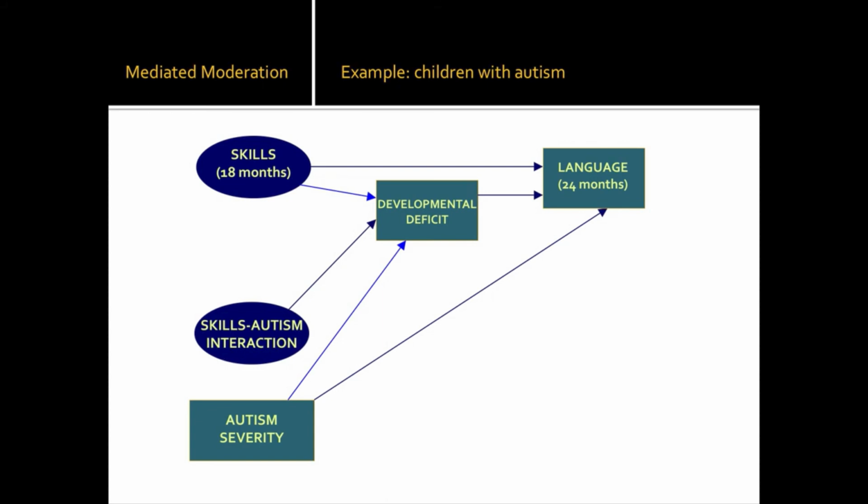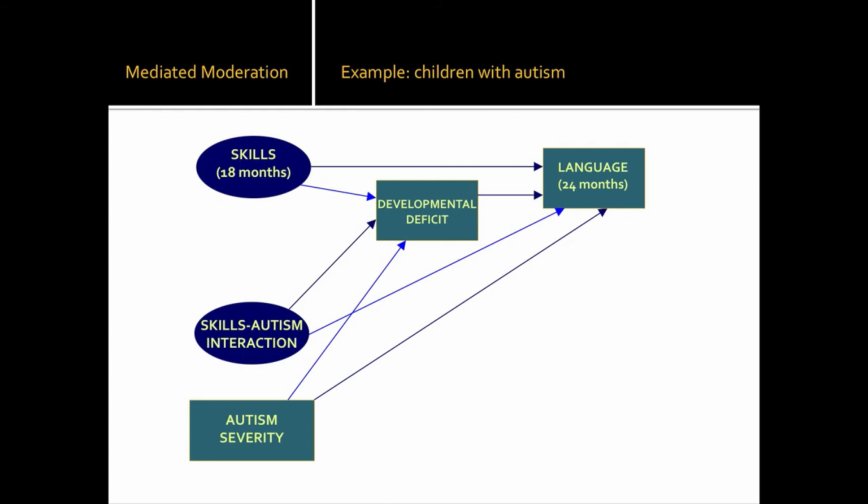We have some effects here, like, okay, maybe your skills at 18 months might predict your developmental deficit. Same thing with autism severity. Those things were added in by me and my research collaborator originally, because we're like, well, developmental deficit assessment is going to correlate with some other things. In this case, be predicted by some other things. And then that last arrow there is to acknowledge that that mediation might not be a full mediation, right? It might be a partial mediation.